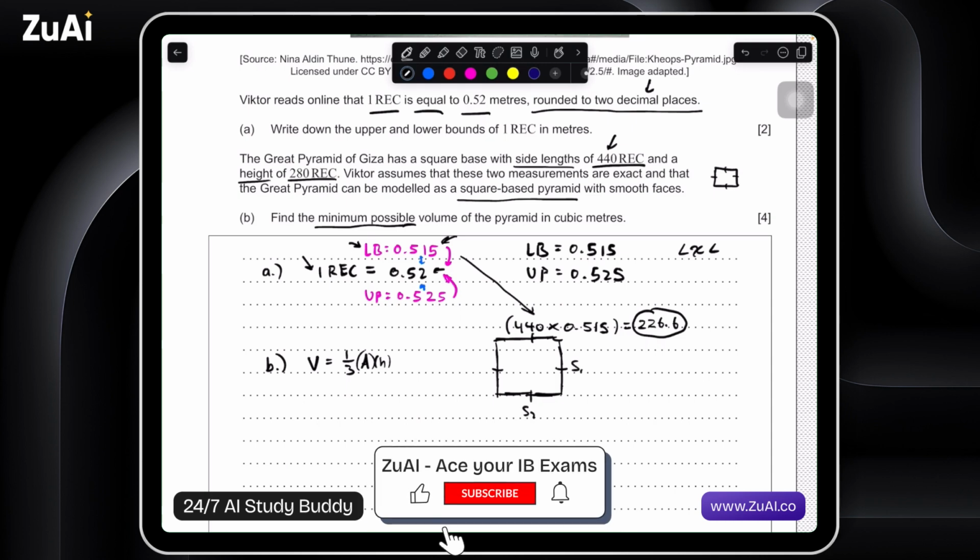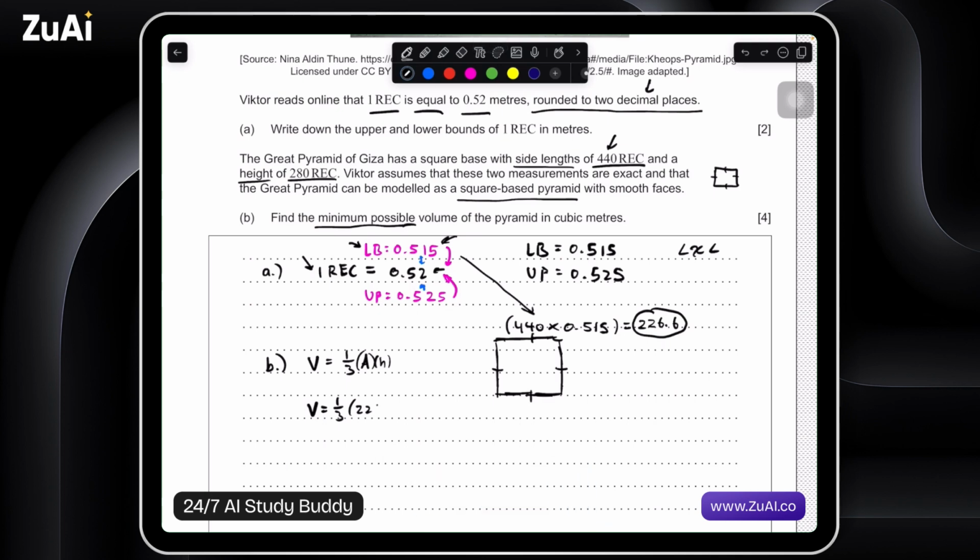So let's go ahead and write out the area of the base. Volume is equal to 1/3, and then area is going to be 226.6, and then we can write this out as squared, but just for simplicity, 226.6 times 226.6. So that's the area of the base. And then we're asked, okay, what about the height?